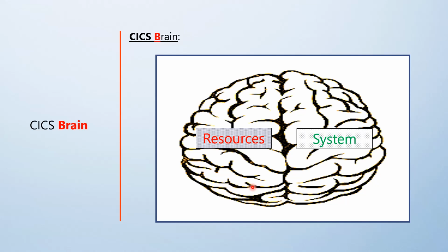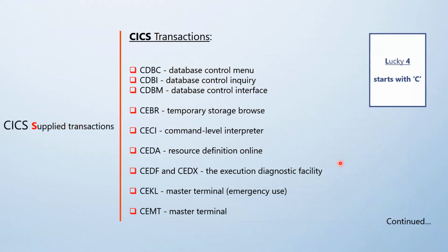Not just CICS resources or the system level resources, it also contains the application related resources, like it could be a file, program, transaction, anything for that matter. So in this video, we're going to see how to control these resources, how to access these resources, and so on and so forth, and also at the system level as well. Okay, so let's move on.